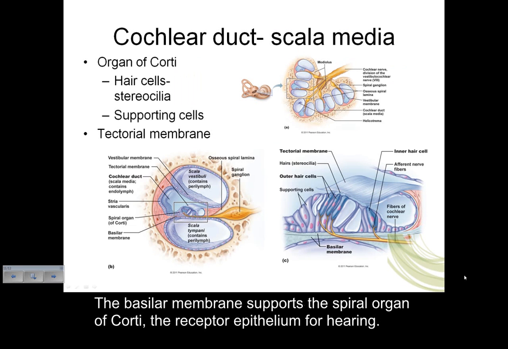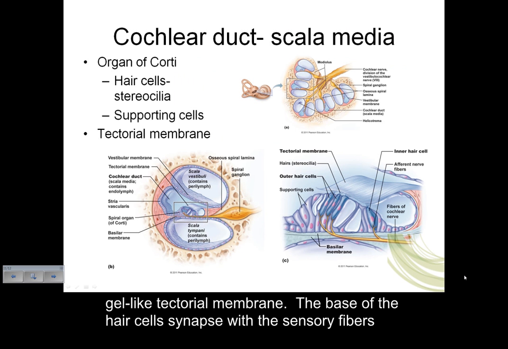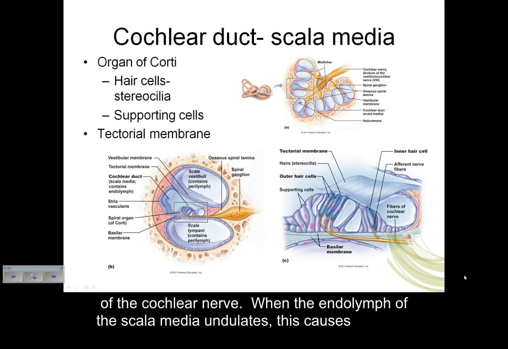The basilar membrane supports the spiral organ of Corti, the receptor epithelium for hearing. It consists of rows of hair cells whose tips, called stereocilia, are embedded in a gel-like tectorial membrane. The bases of the hair cells synapse with the sensory fibers of the cochlear nerve.